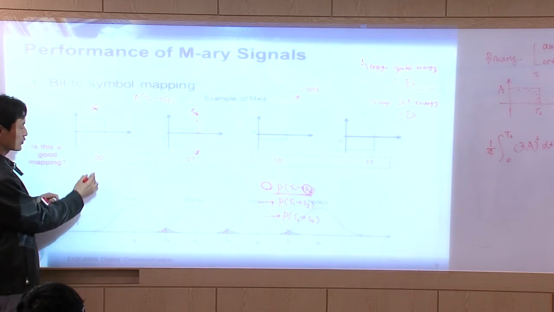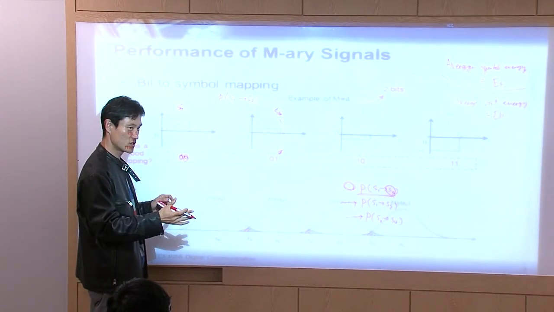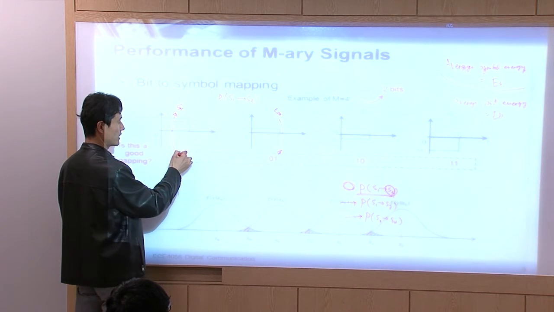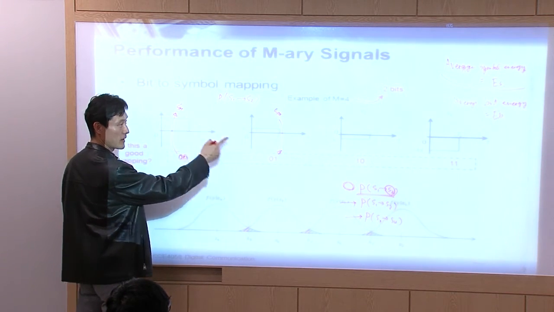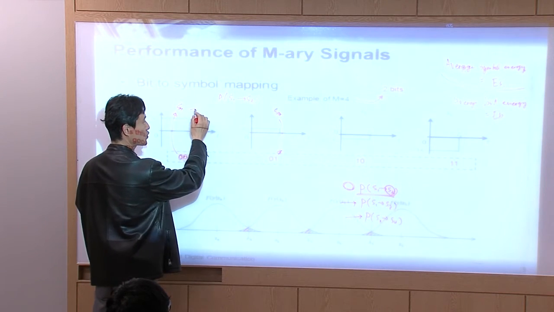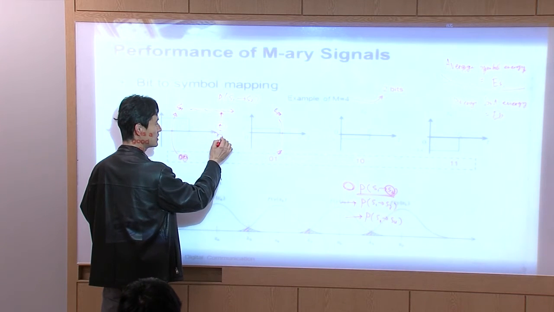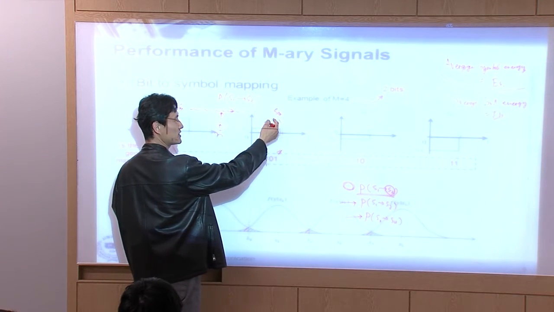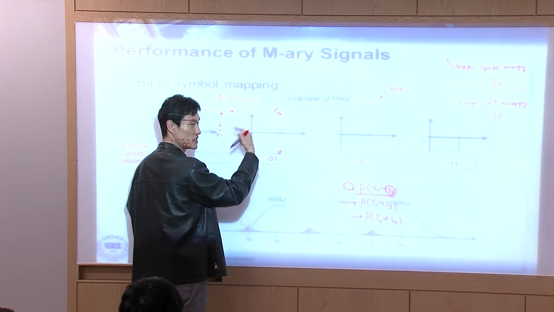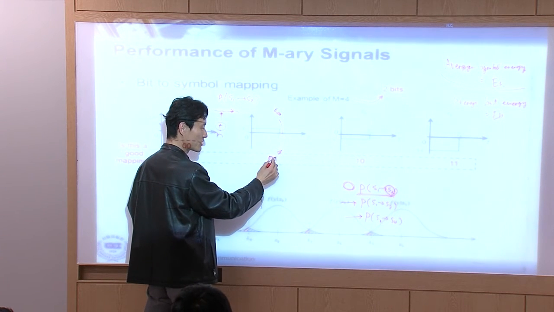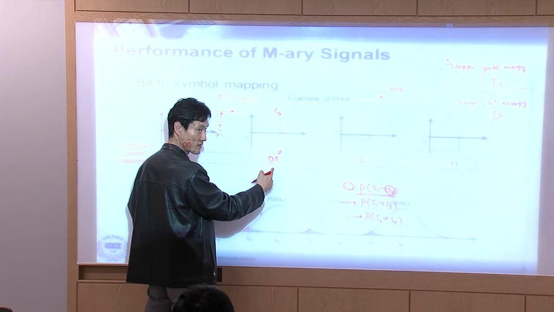Originally at the transmitter, we have 0, 0 as information. At the transmitter, we convert 0, 0 into S1 based on this mapping and transmit it over the air. Now noise is added, and we receive that as S2. The receiver will convert back to bits.